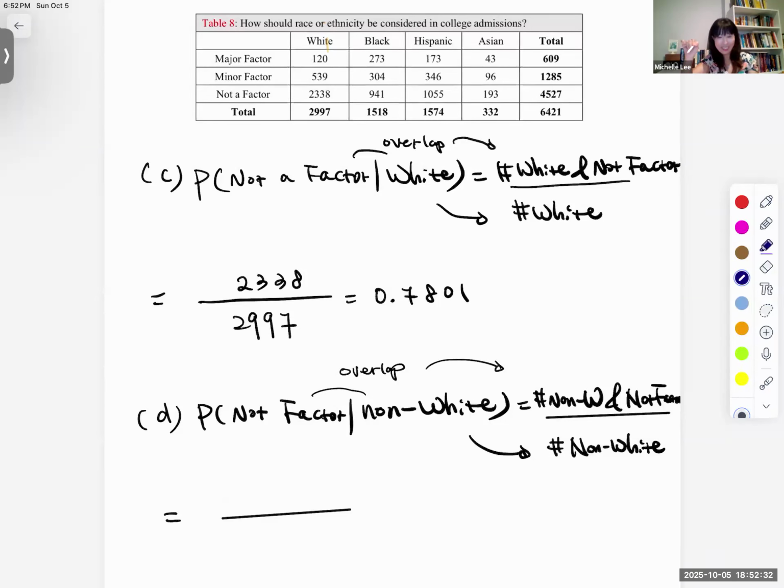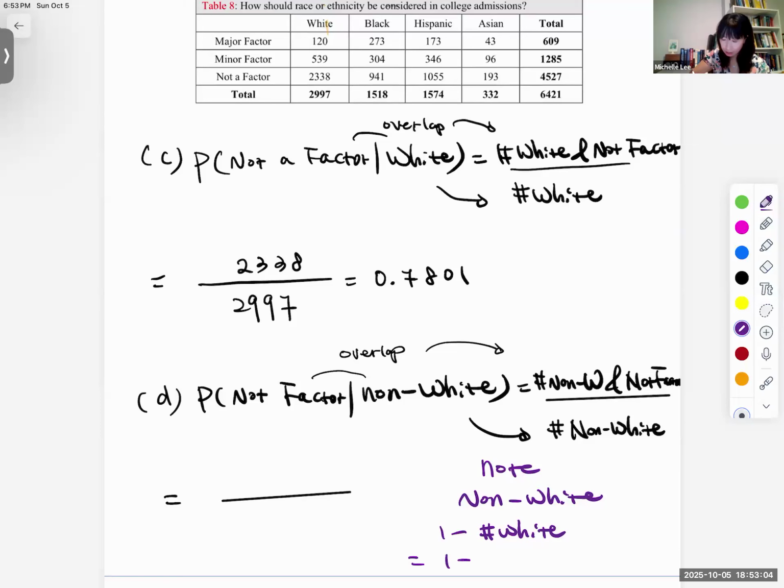Oh, okay. Look, we don't have a non-white column, but we learned that, right? So let's talk about this. Note non-white. So we have the number, right? So 1 minus number of white, right? We can do that. Is it 1 minus? No, right?